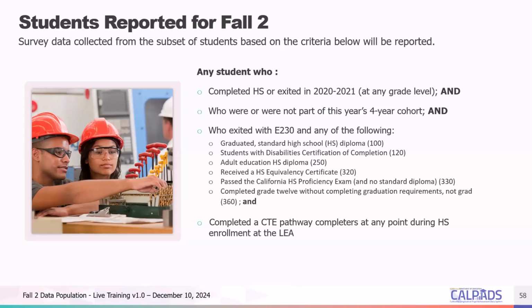And this should include any student who was a CTE pathway completer at any time during high school and who exited with a school completion status code of 100, graduated with a standard high school diploma; 120, student with disabilities, certificate of completion; 250, adult education high school diploma; 320, received a high school equivalency certificate; 330, passed the CASP; or 360, completed grade 12 without completing graduation requirements, not a grad. And the post-secondary status represents the student's outcomes after leaving secondary education.